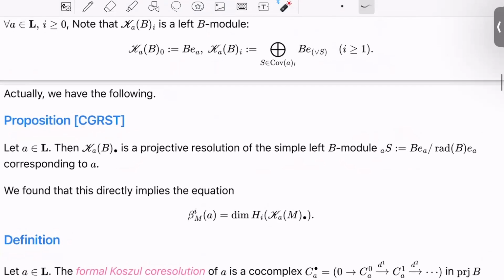So this observation is crucial. And then this complex gives the same desired property.